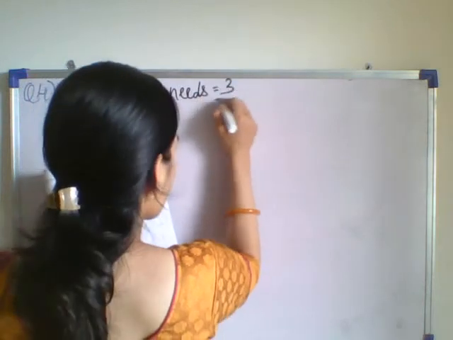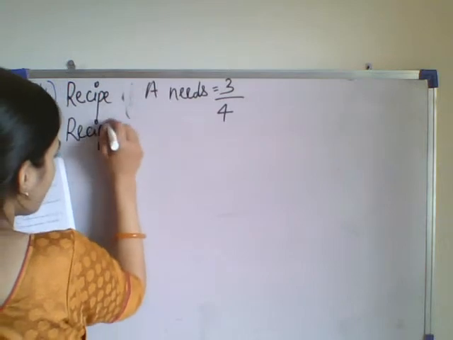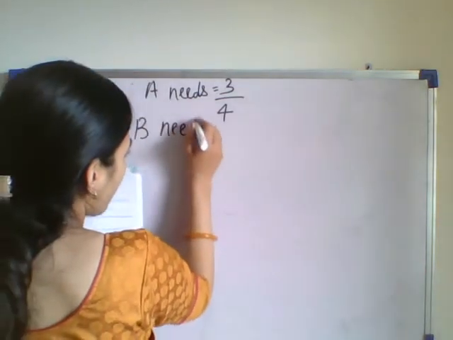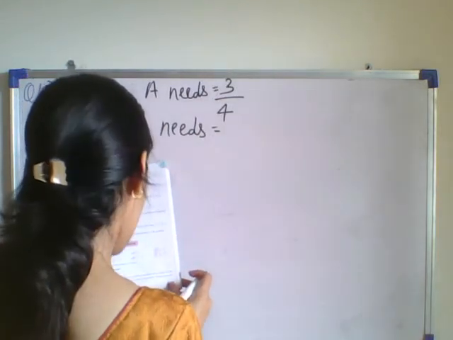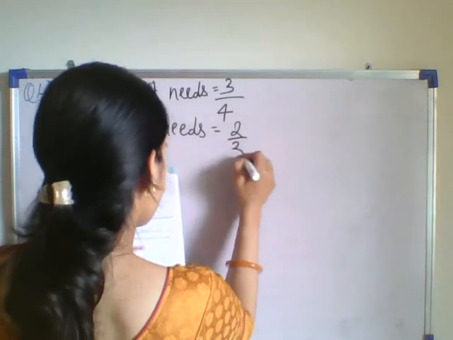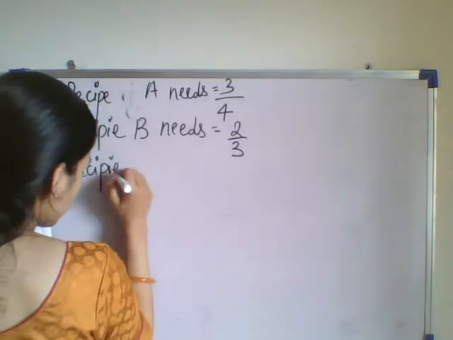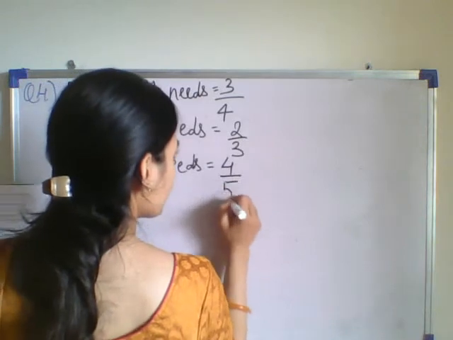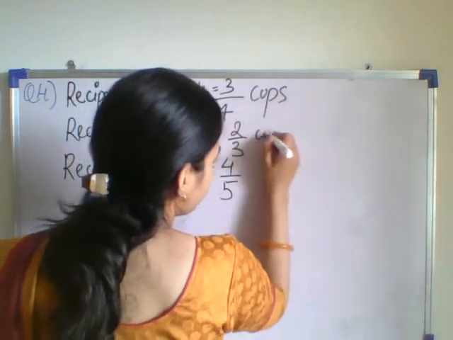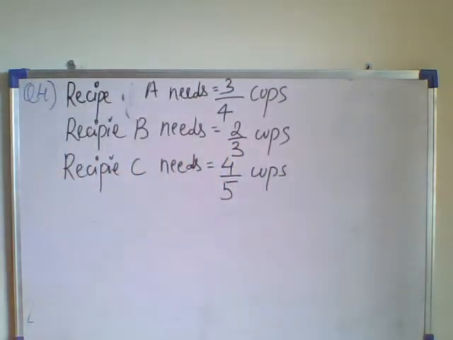Recipe A needs 3/4 cups of flour, recipe B needs 2/3 cups of flour, and recipe C needs 4/5 cups. What we have to find out is which recipe needs the most flour and which needs the least.